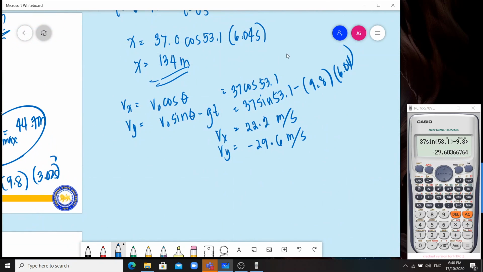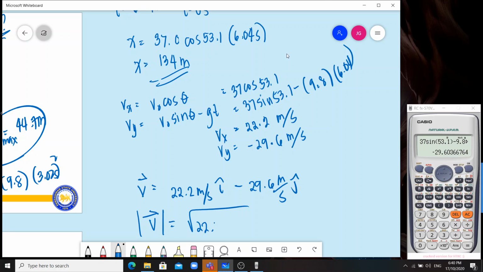So, pag isusulat natin si velocity as a vector, that is 22.2 meters per second i minus 29.6 meters per second j. Okay? And, kung kukunin natin si magnitude, okay, magnitude is square root of 22.2 meters per second squared plus negative 29.6 meters per second squared. Okay.